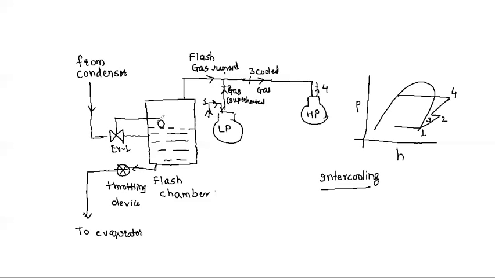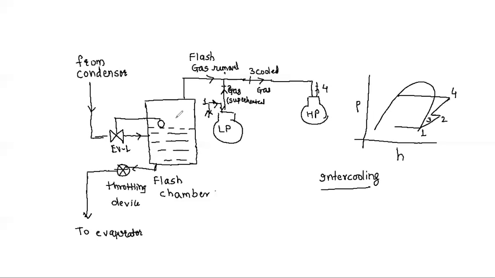Because this is at a high temperature, this is the entry of the expanded vapor. The vapor is expanded in the expansion valve 1. They enter at high temperature into this liquid refrigerant, as a result of which flash gases are generated.